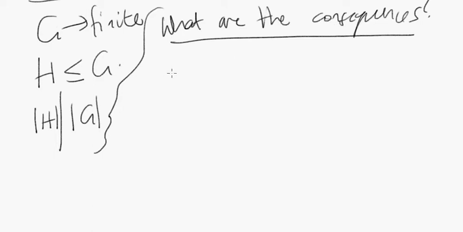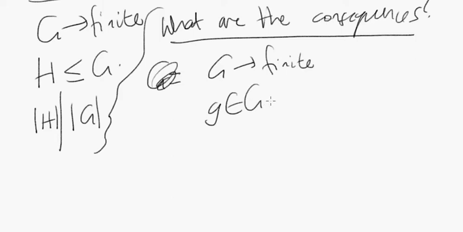For instance, if we have a group G that's finite, and we pick some element little g of big G, then it turns out that the order of g divides the order of big G. We managed to prove this using Lagrange's theorem.